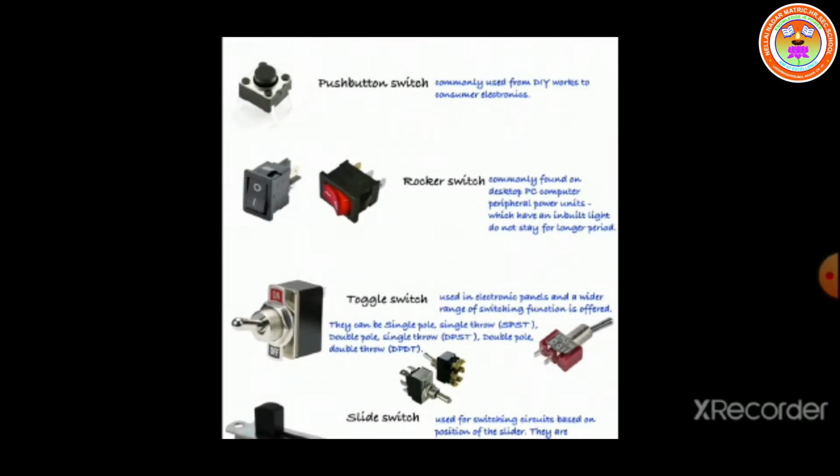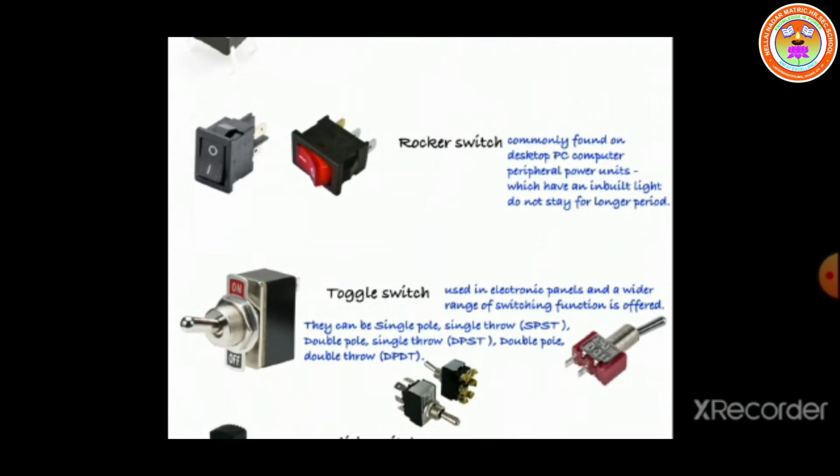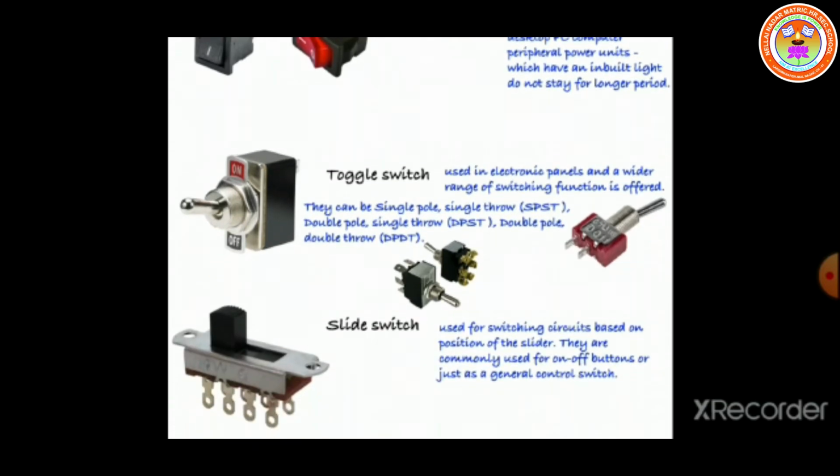the push button switch, commonly used from DIY works to consumer electronics. The next one is the rocker switch, commonly found on desktop PC computers and peripheral power units, which have an inbuilt light. The toggle switch is used in electronic panels and offers a wider range of switching functions.